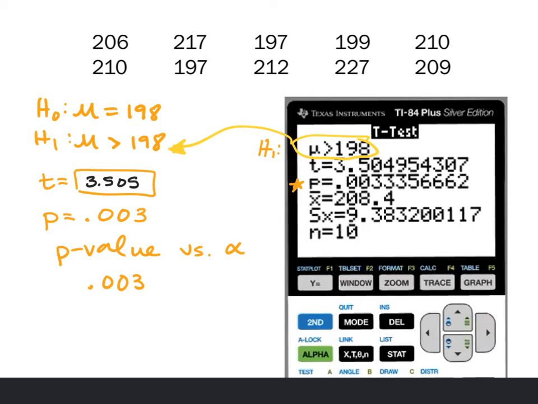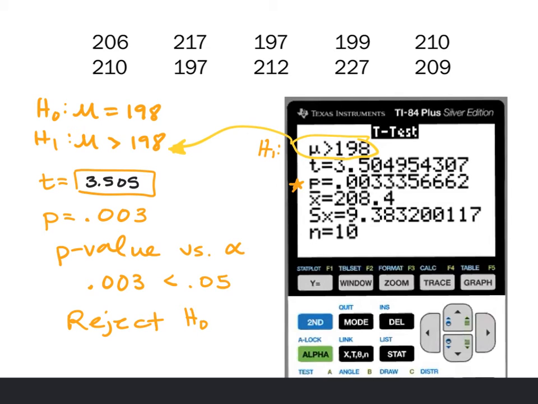Now, we weren't given an alpha. Sometimes we are, sometimes we aren't. But remember, we can always use 0.05, especially in a situation like this where it's not life or death. 0.05 is perfectly fine to use. But even if we did use 0.01, it would be less. So this means we reject the null hypothesis.